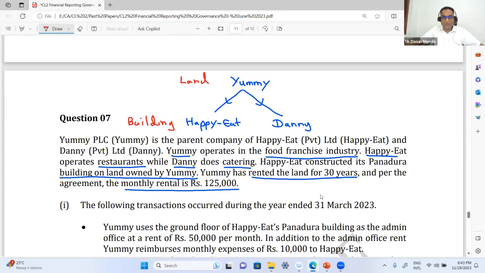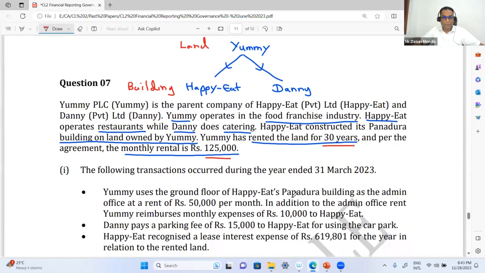So Happy Eat has taken it under a 30 year lease or rental arrangement. Happy Eat has to pay a rental to Yummo. How much is the rental? The monthly rental is 125,000. Okay, so that is important information in this question.